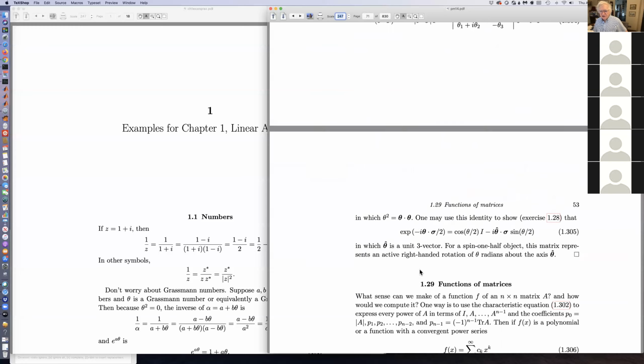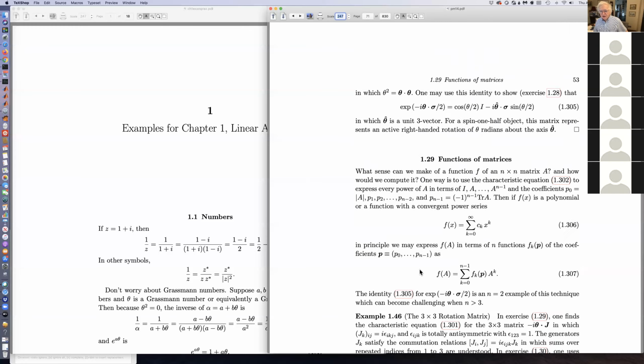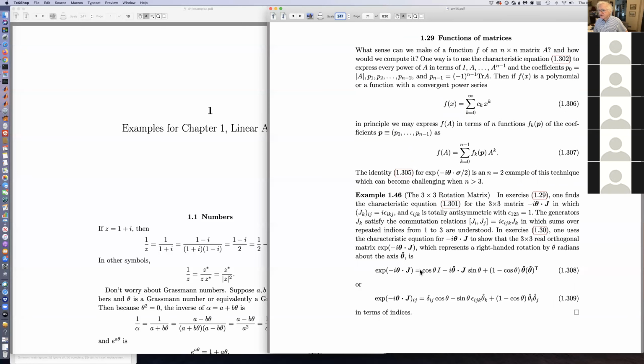And there's an example of that that's quite useful, actually. Let me go on now to functions of matrices, which is something that we touched upon in a question during one of your earlier Zoom classes.